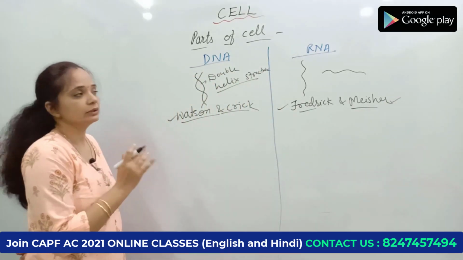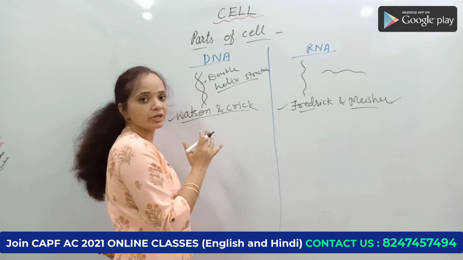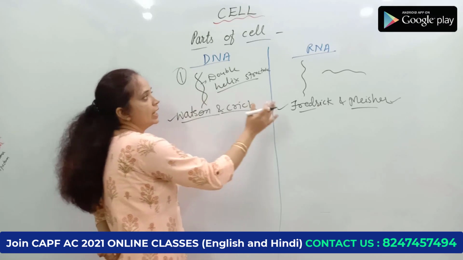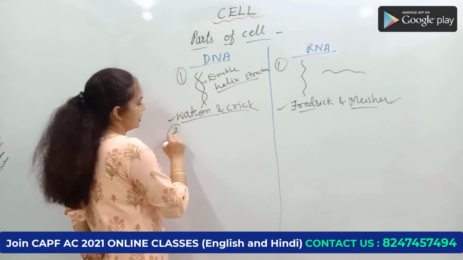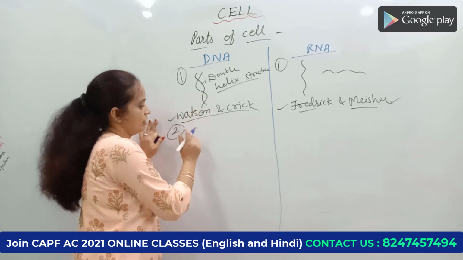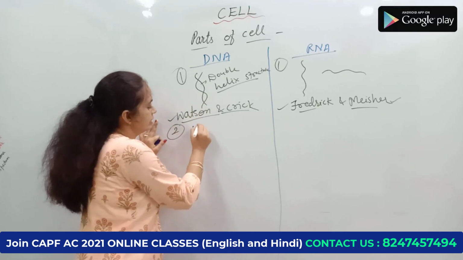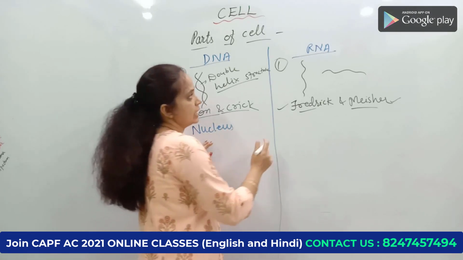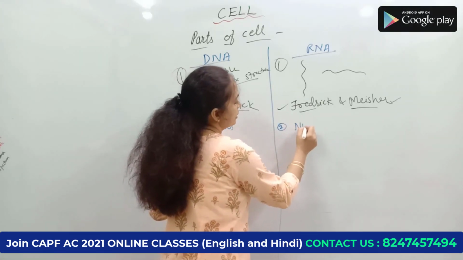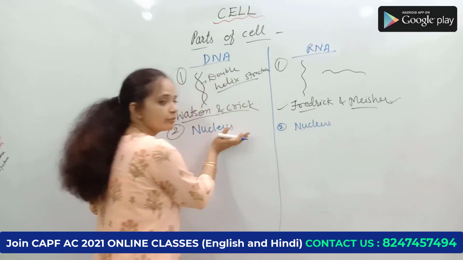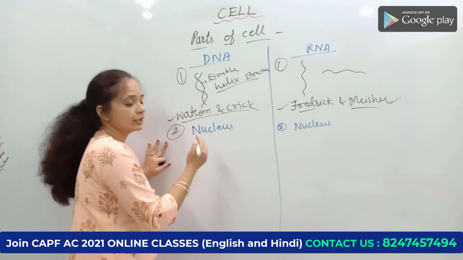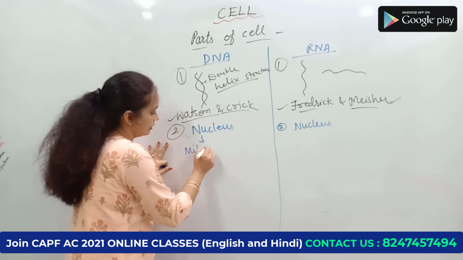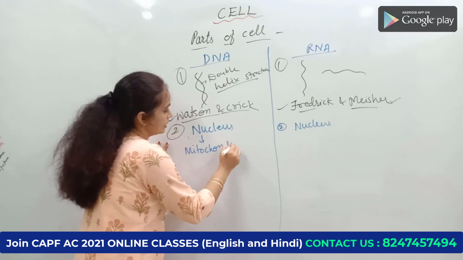Then what are the other differences between RNA and DNA? This is the first point: DNA is a double helix structure and RNA is a single helix structure. Now, where are they available? DNA is present in the nucleus. Apart from the nucleus, they are also found in mitochondria, another cell organelle.